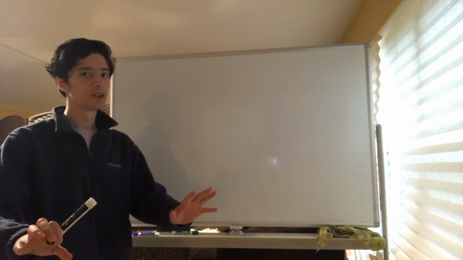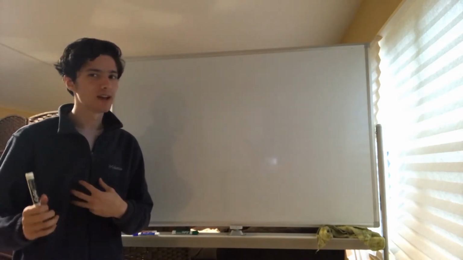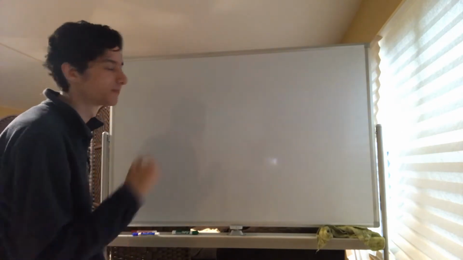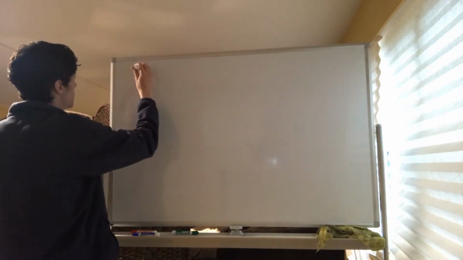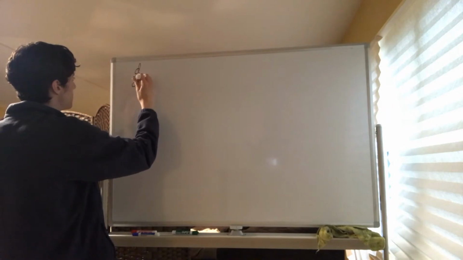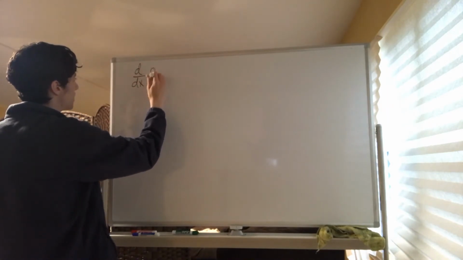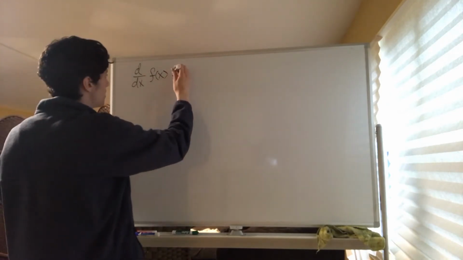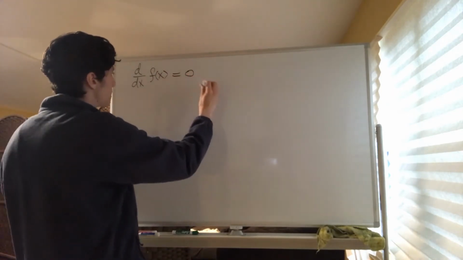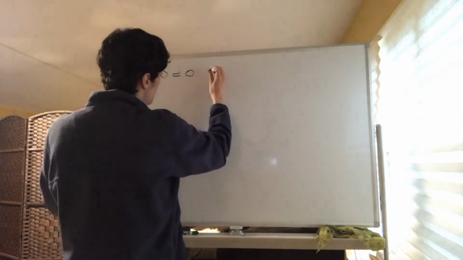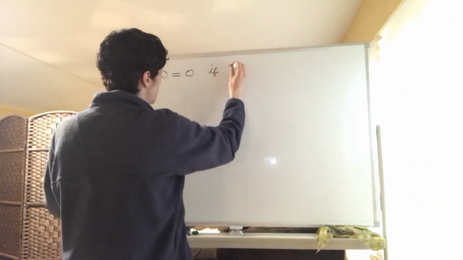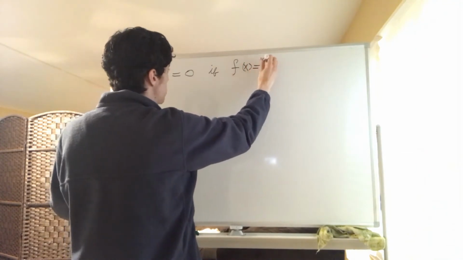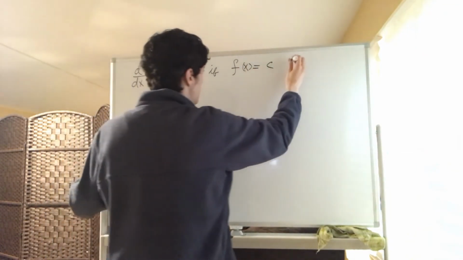Today, we will prove a property about derivatives, and that is the following. That the derivative with respect to x of a function of x is equal to 0 if f of x is equal to a constant.